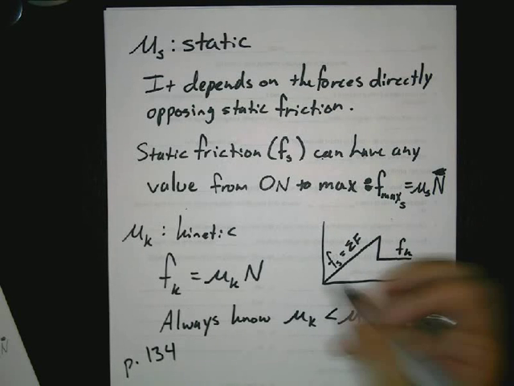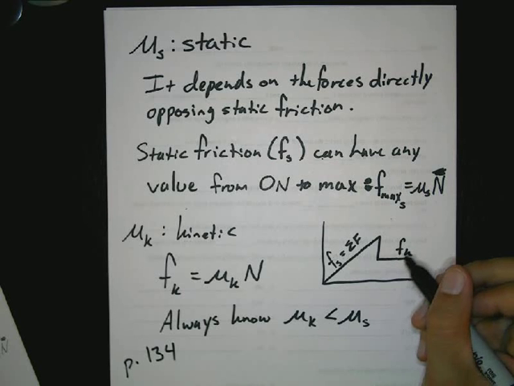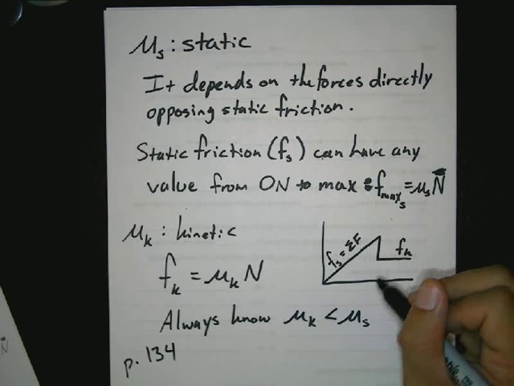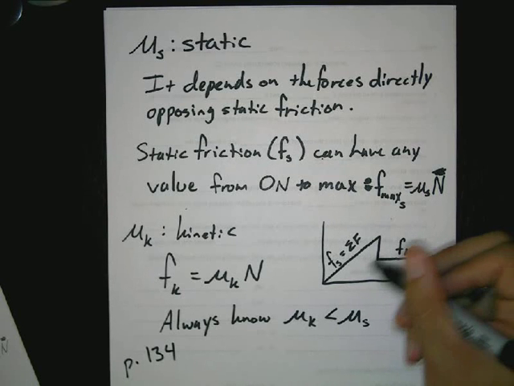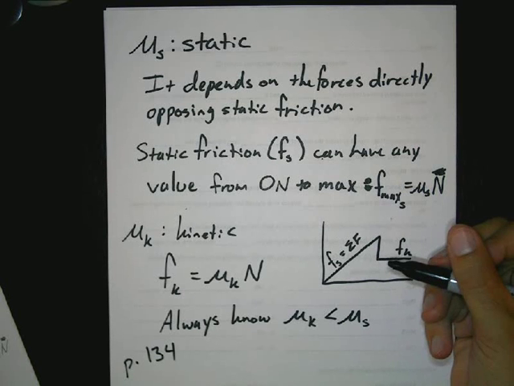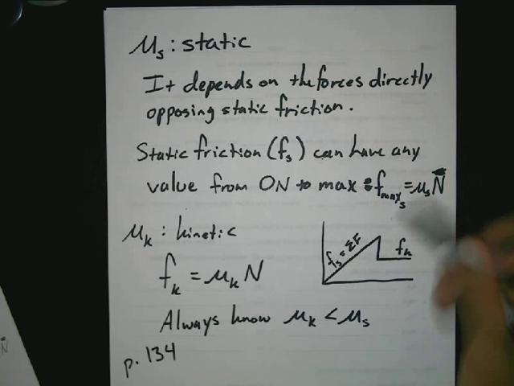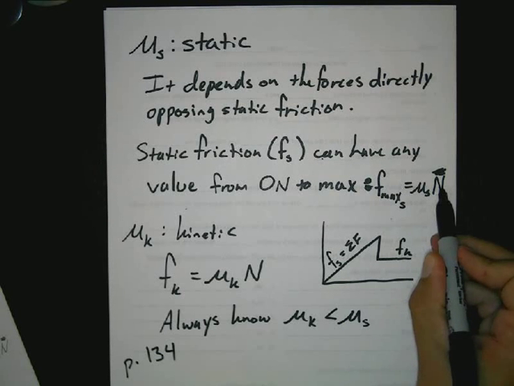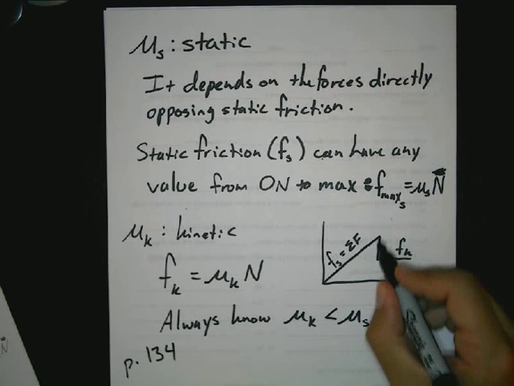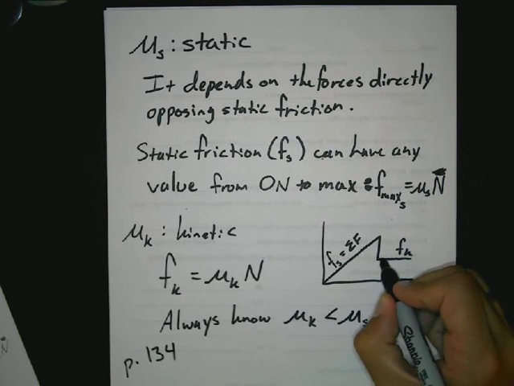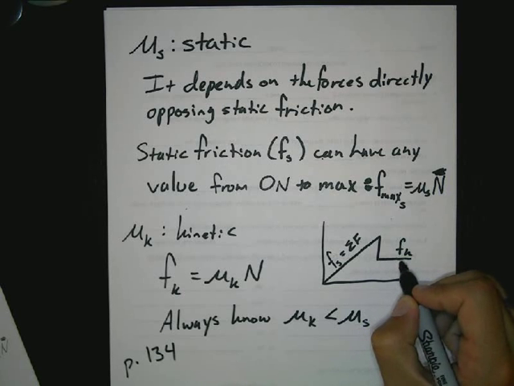So if I'm pushing and pushing and pushing on a box and it's not moving, the harder I push, the harder static friction pushes against me until a point. And that point is mu s N. Once I get to that point, it becomes a lot easier to maintain the motion on that box.